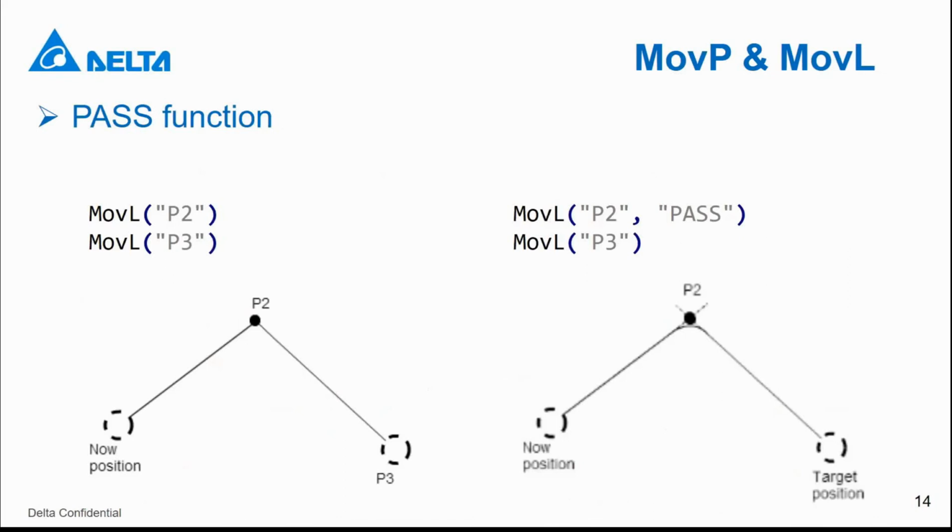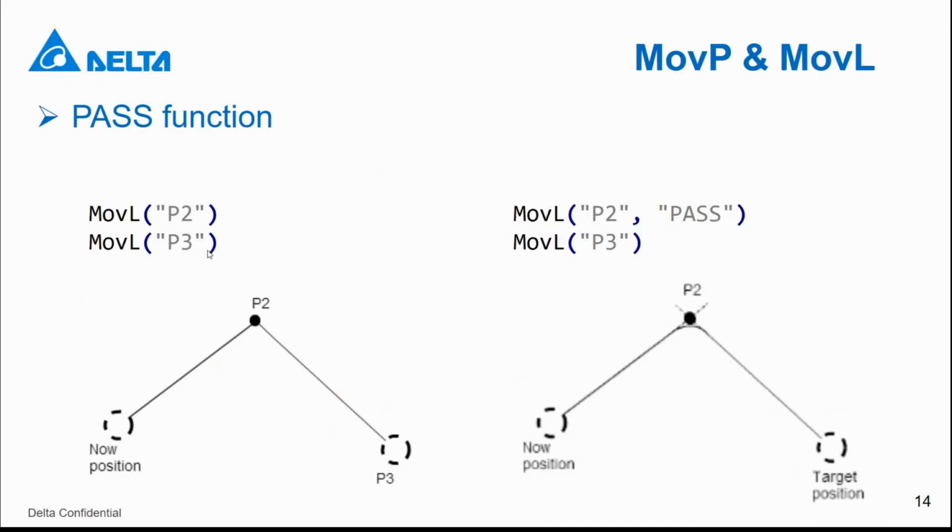For example, you can see here, now our target is P3, but maybe here there is an obstacle we need to avoid, so we cannot go through here. Then we must have a middle point to avoid the obstacle and then reach P3.